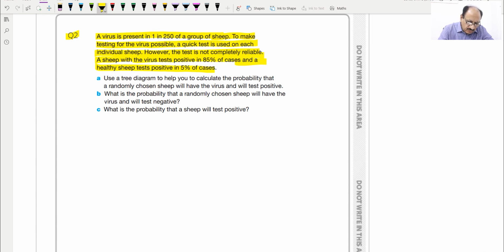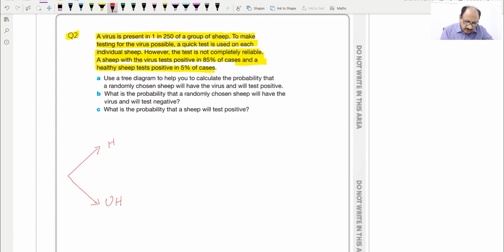So if we draw a tree diagram, we can take two options. This will be healthy and this will be unhealthy, and for unhealthy we can write UH.